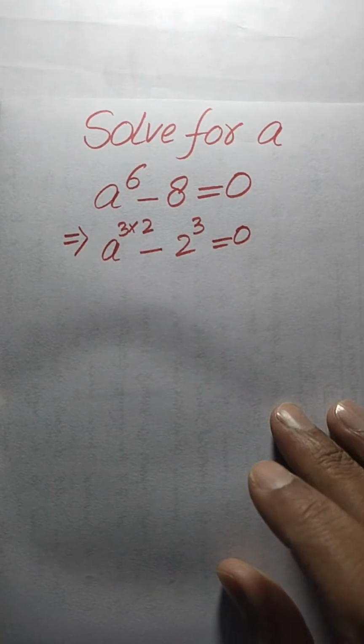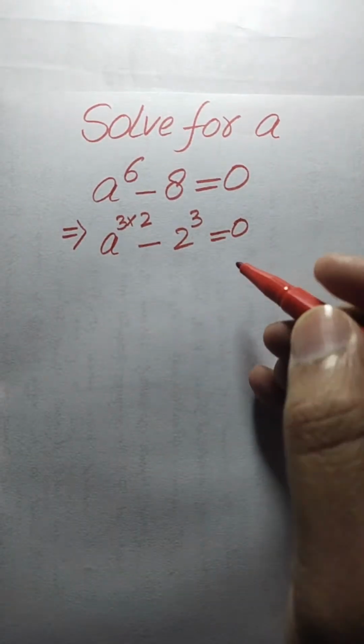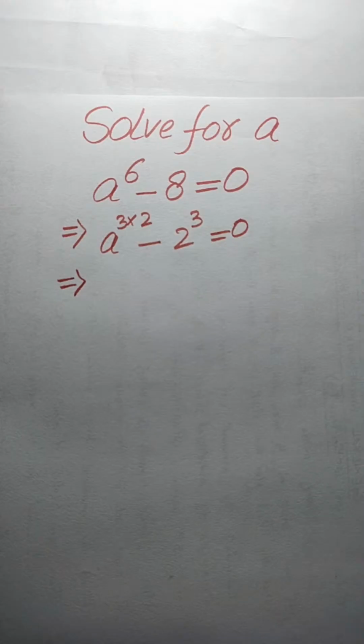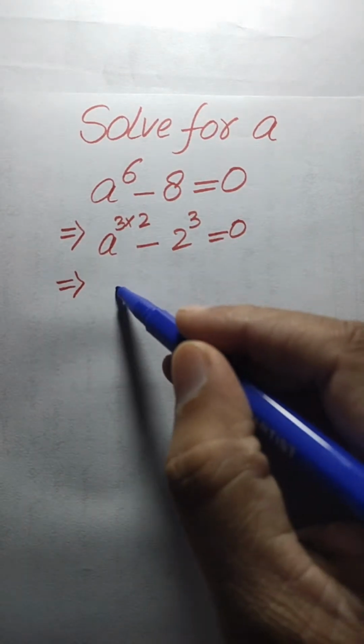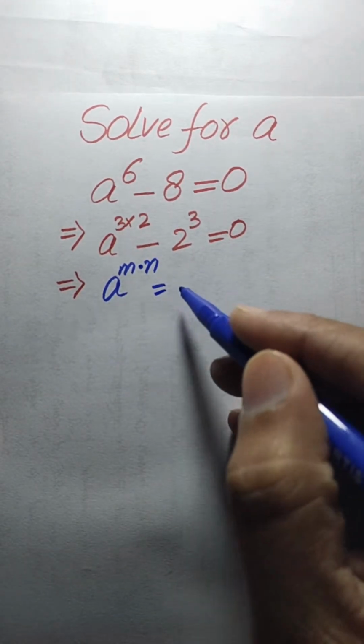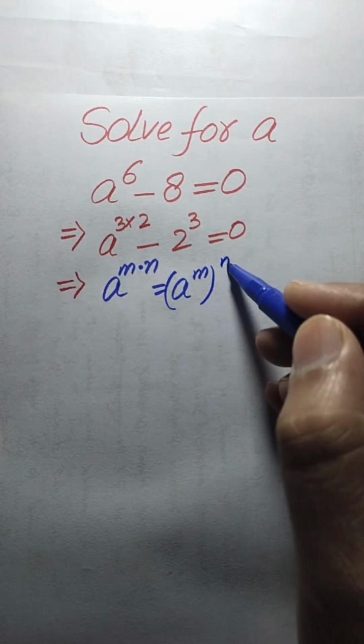And in the next step, we need more simplifications, and here we use the nice exponential law. You know about this law: if we have a to the power of m multiplied by n, it is equal to a to the power of m, to the power of n.